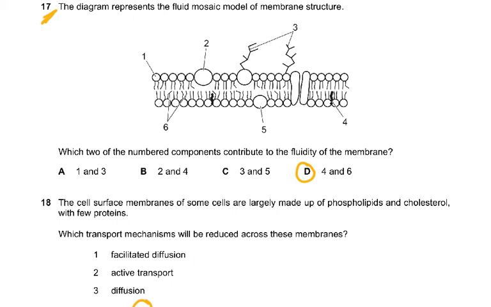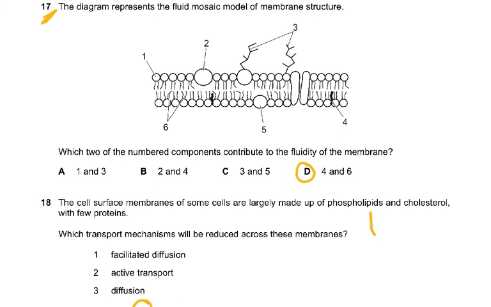Now, 4 is cholesterol, and 6 is the fatty acid tails or the fatty acid chains. 1 is the phosphate head. 2 is some sort of a protein. 3 is glycolipids, glycoproteins. 5 is another protein, which is an intrinsic protein. So the answer was 4 and 6, cholesterol, and the fact that the fatty acid chains can be either saturated or unsaturated, and that, of course, will affect the fluidity of the membrane.